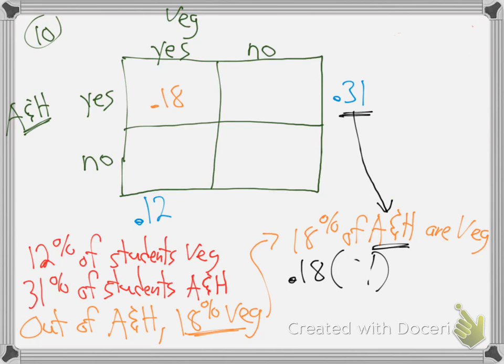I'll make it blue for color clarity. Right? So we've got to multiply that in our calculator. I'm getting 0.0558. So that's what goes here.